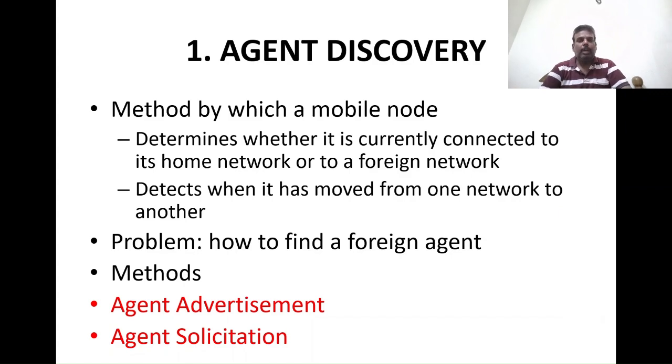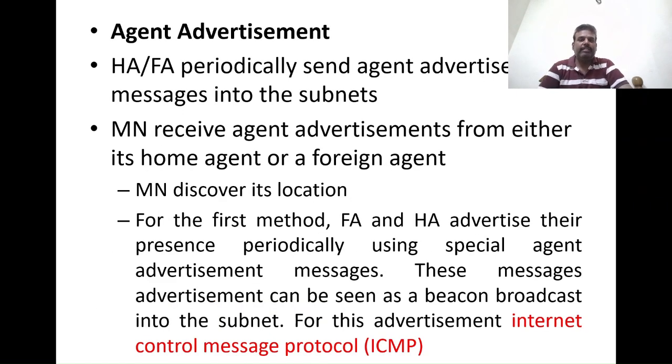That is the main problem. So first, how does your agent, that is your router, find that? That is agent advertisement and agent solicitation. The first step is agent advertisement. The foreign agent and home agent periodically send agent advertisement messages.